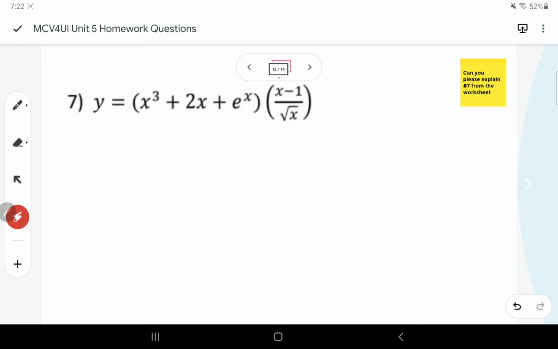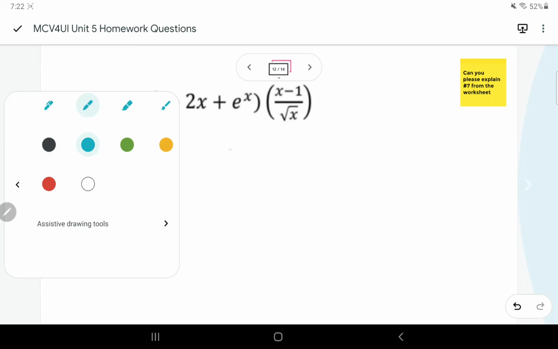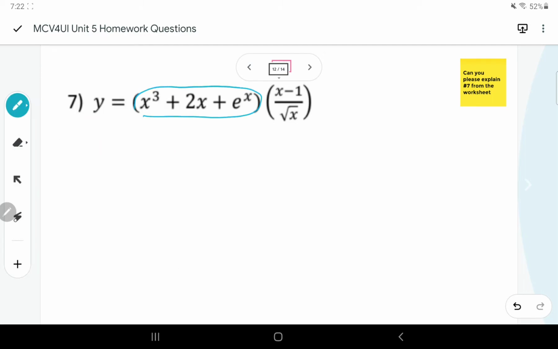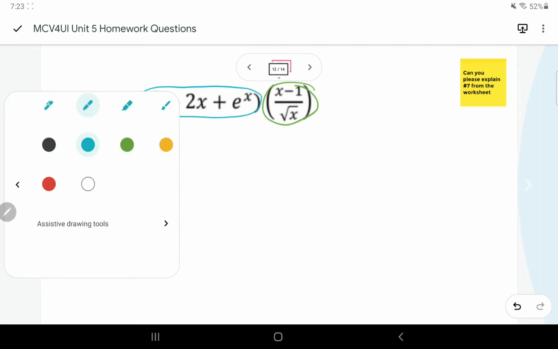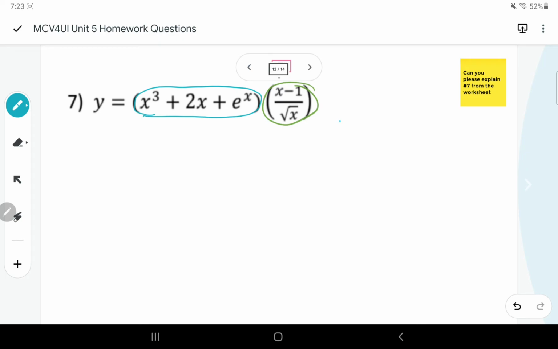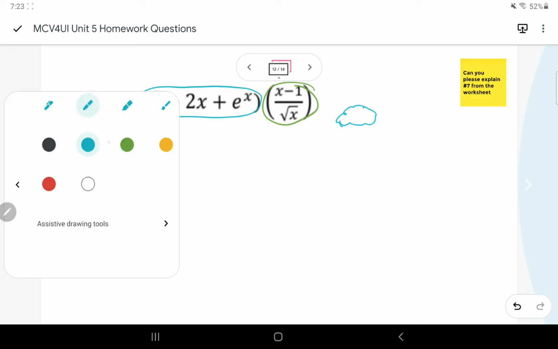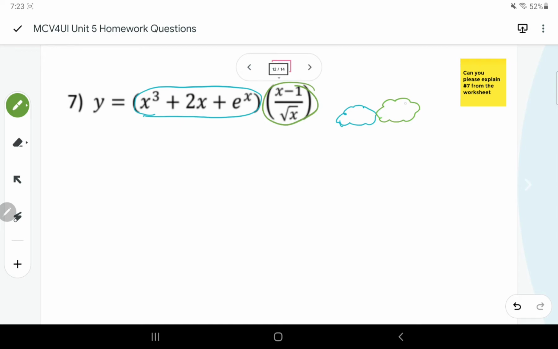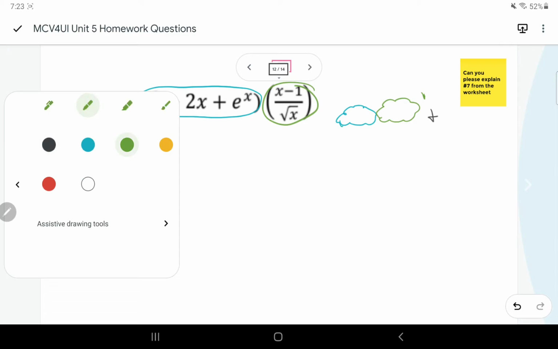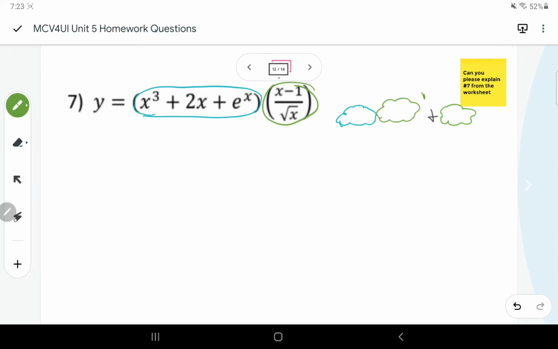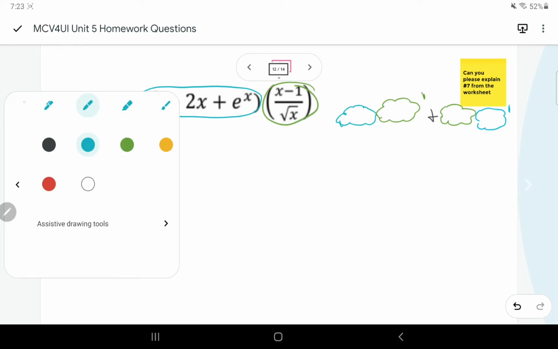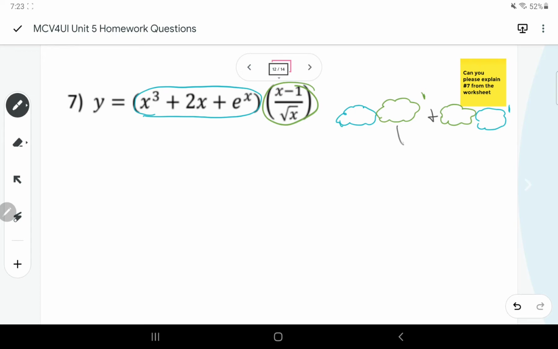So if we look at our things here, we'd have the first times the derivative of the second plus the second times the derivative of the first. But when we do this derivative of the second, that's going to have quotient rule.